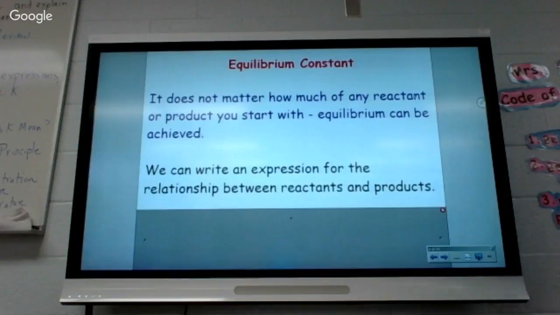Now, we're going to learn an expression between the reactants and the products. All right? We're going to learn how to write one today from scratch. It's very easy. Everybody should be able to do this with ease by the time we leave today.